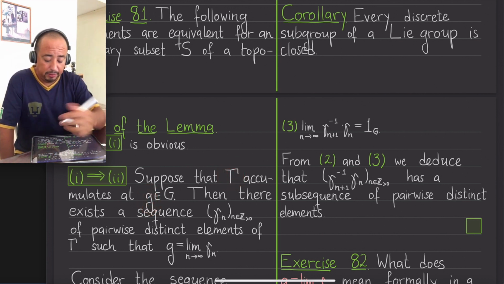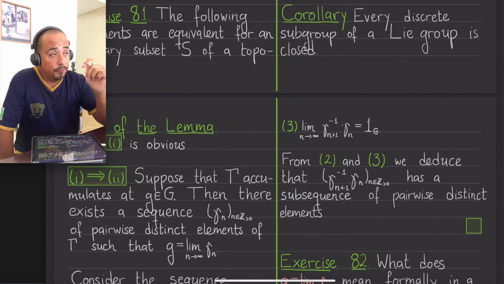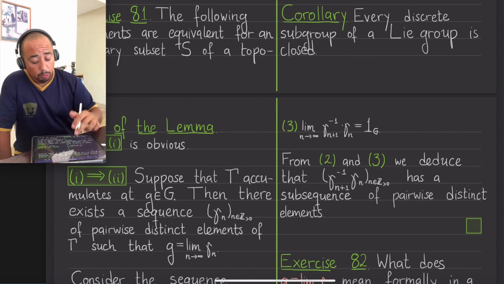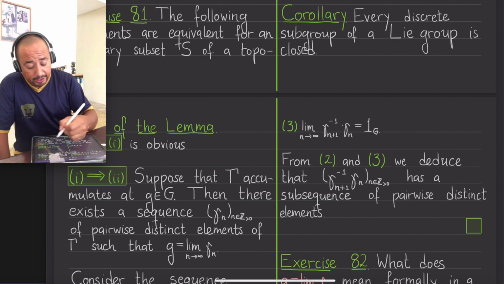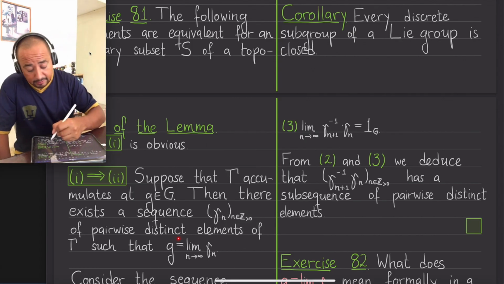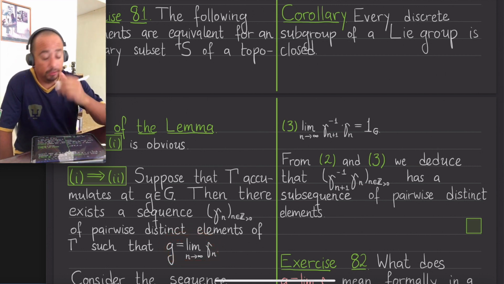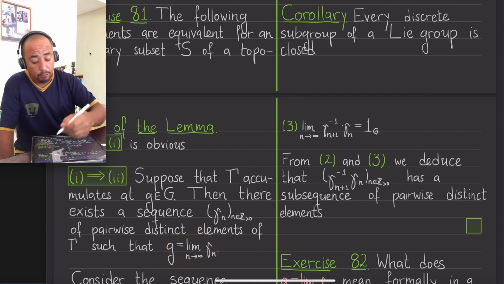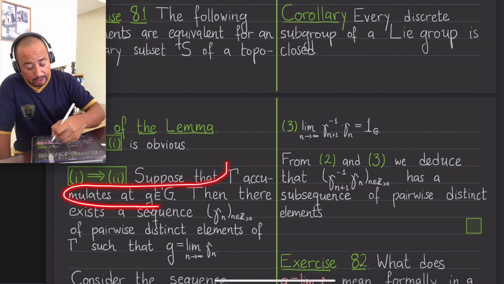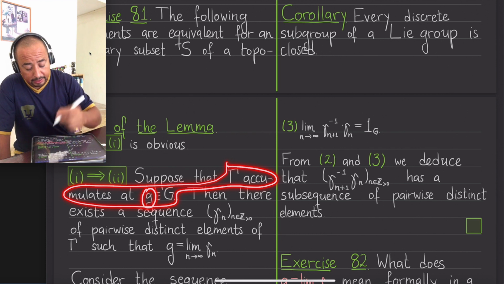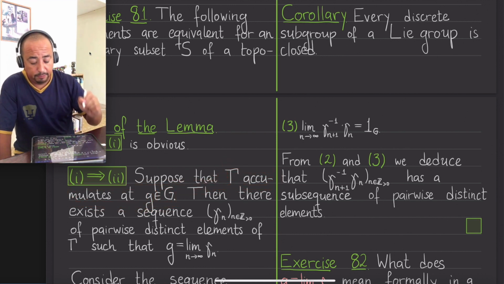The part about being different is no problem because gamma is discrete, but the fact that we're working with a Lie group allows us to deduce that there actually is a sequence of elements of gamma that tends to g. In other words, being in a Lie group allows us to deduce that accumulating at one point implies that we can pick a sequence that converges to that point.